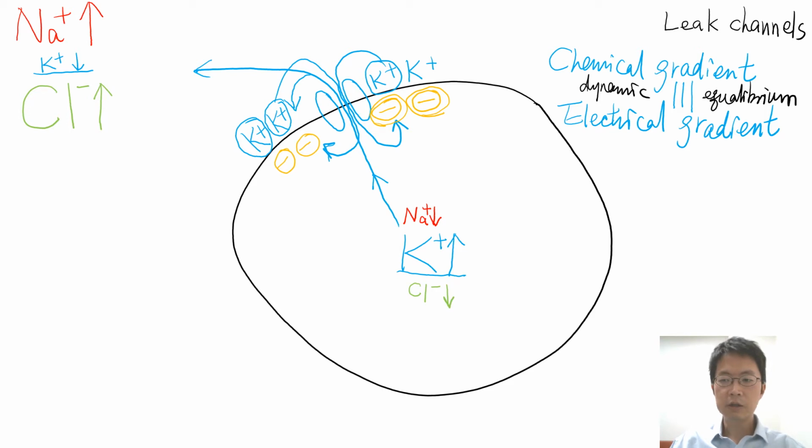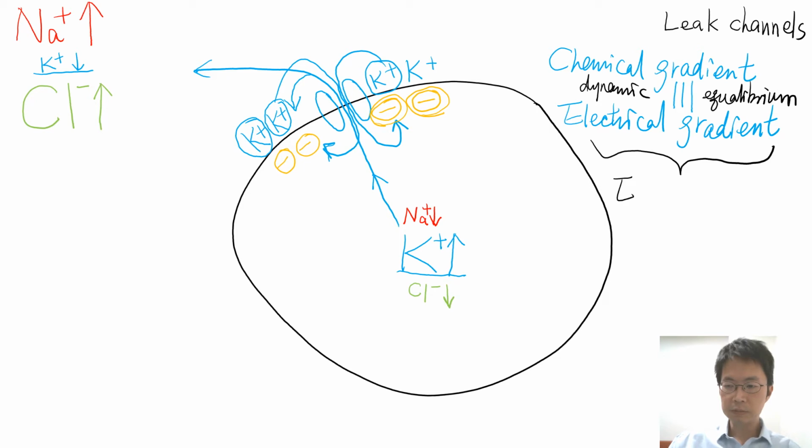It's just that the push force and the pull force are in balance. Then, when the chemical gradient and electrical gradient are at dynamic equilibrium, what do we call that? We call this equilibrium potential.